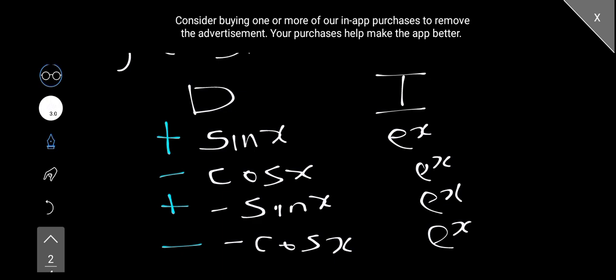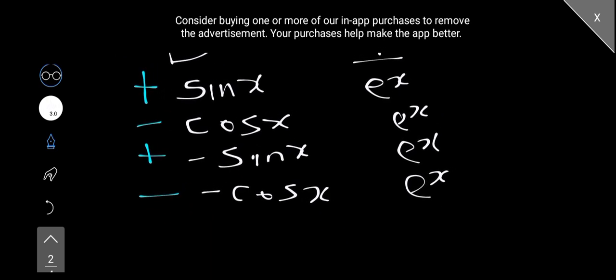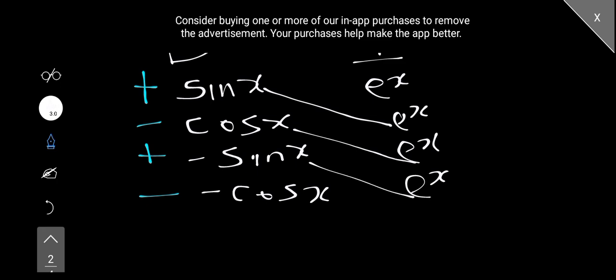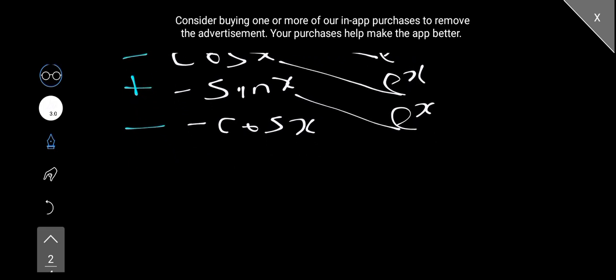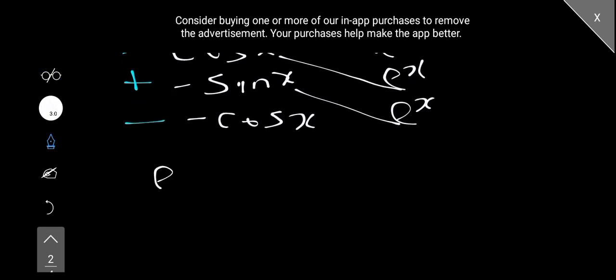According to the DI method, last time we said you have to diagonally multiply these numbers. So let's observe what will happen. We have sine x times e to the power x, that is e to the power x sine x.